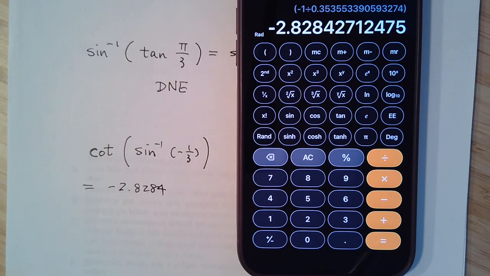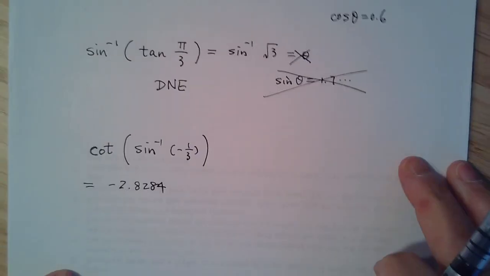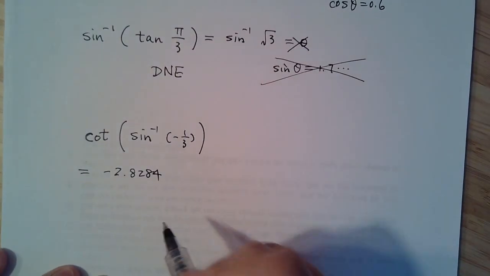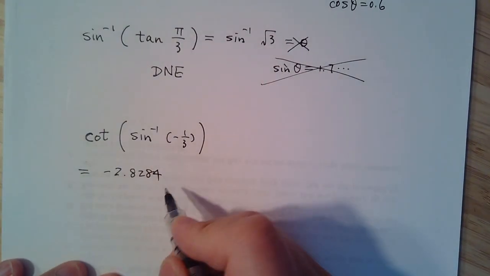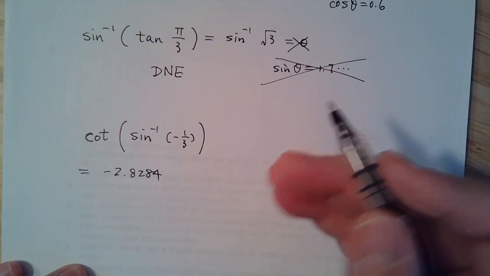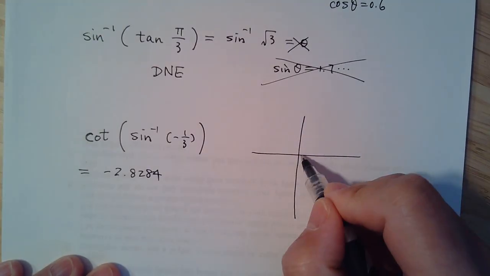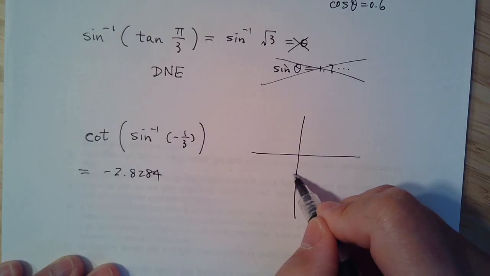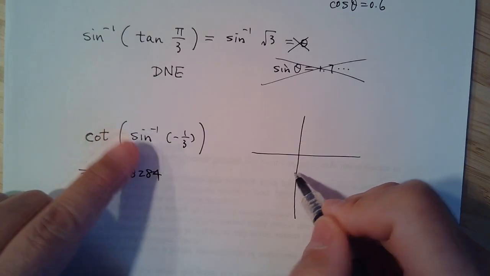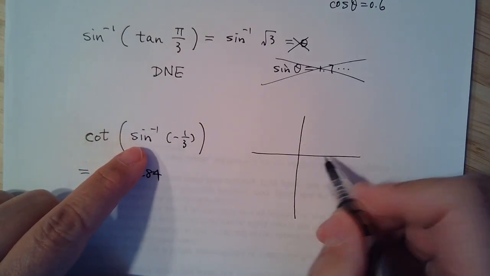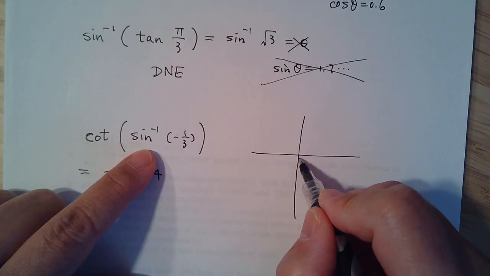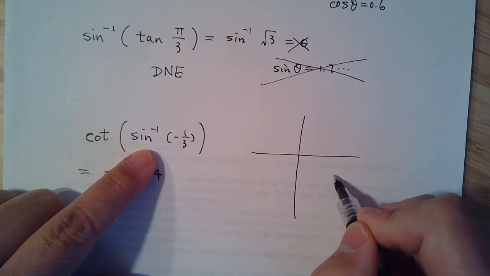Use the calculator. There's another way to do it. Remember, sine is y over r. So y is negative 1 and r is 3.